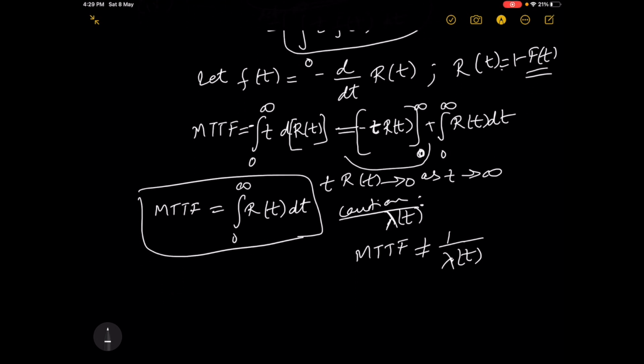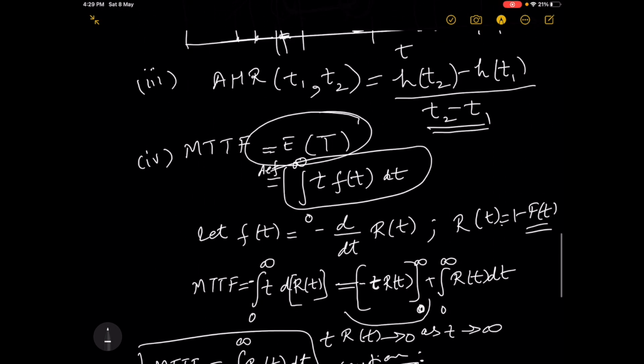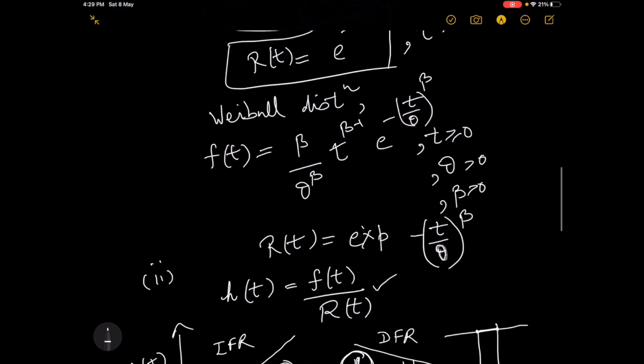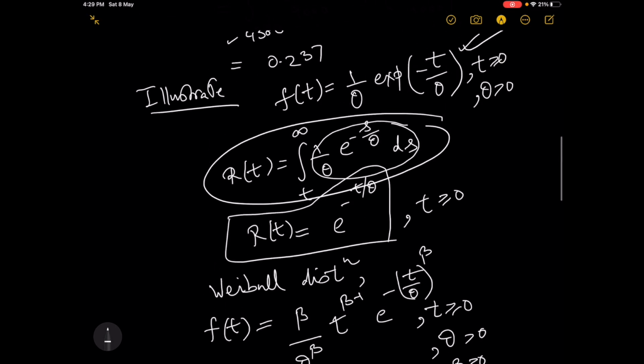MTTF should be used when the failure time distribution function is specified, because the reliability level which is implied by the MTTF will always depend on the failure time distribution that we are using, as we found above for the case of Weibull as well as the case of exponential distribution here, right?